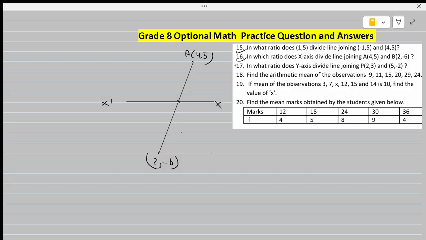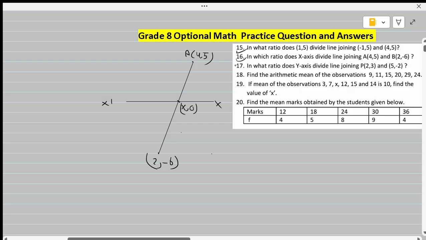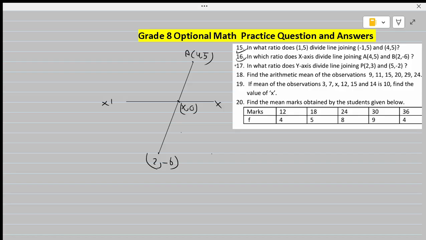So any point on the x-axis we can consider as x, 0. It may be 2, 0, 3, 0, 4, 0, -5, 0, -6, 0. So the y value 0 is fixed, and x is variable on the x-axis. The point on the x-axis may vary in its abscissa or x coordinate, but the y coordinate or its ordinate will always be the same, that is 0.